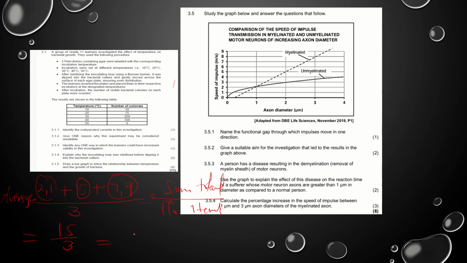We are having a 5. So it's 5 meters per second. That's the average speed. So we use the graph to calculate the average.